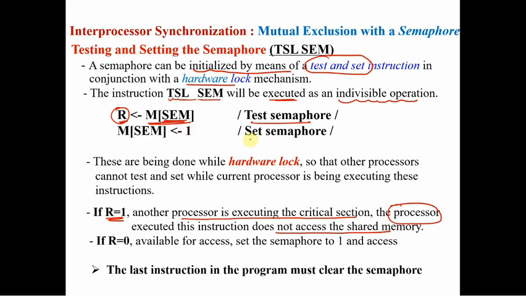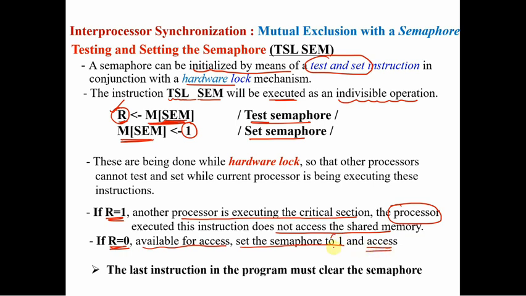And set semaphore means the semaphore value in the common shared memory is set to 1, so that other processors are not allowed to enter the critical section. If R equals 0, when it tests the semaphore value by reading it into a register, it is available for access, so set the semaphore to 1 and access it.